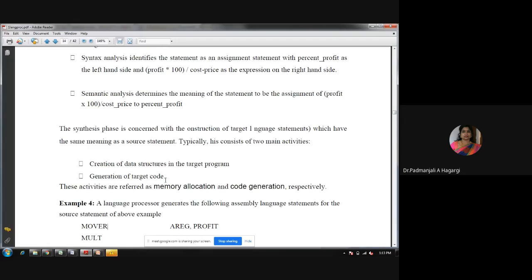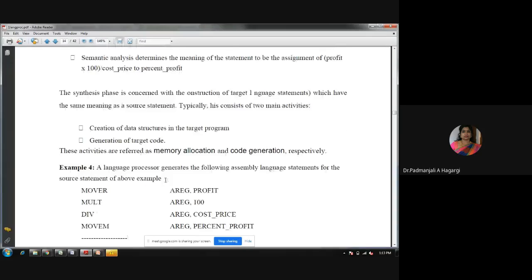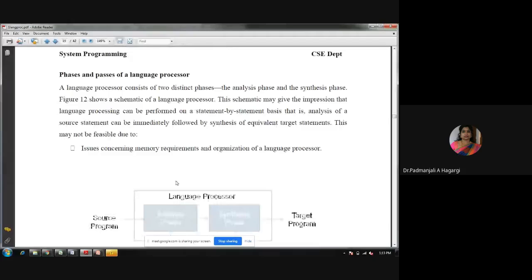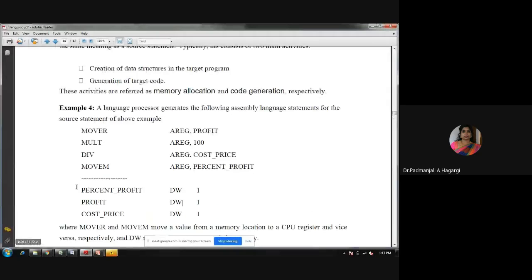As I told, it won't stop here. It goes into the memory. For this we again need data structures, that is, some tables such as the symbol table, to manage all this and go into the memory. Here I have an example, MOVER, which belongs to assembly language, and you are all familiar with assembly language.